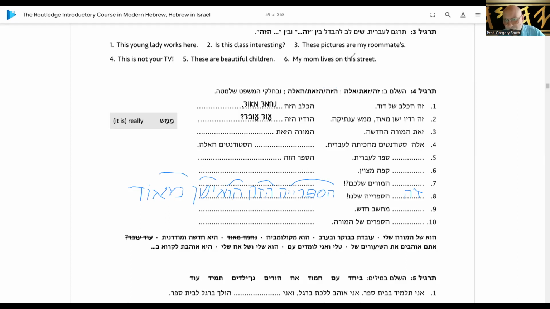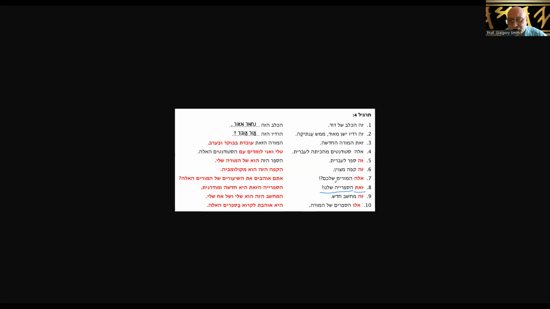Okay, so I have no clue what they're going to create in their mind for the answer key, but let's take a look at their answer key. And look at this, they're using zot. Hasifriya shalanu. Okay, so that doesn't make sense to me because if you look at Pa'alim, sifriya, which is library, is clearly masculine gender. So why would they use zot?